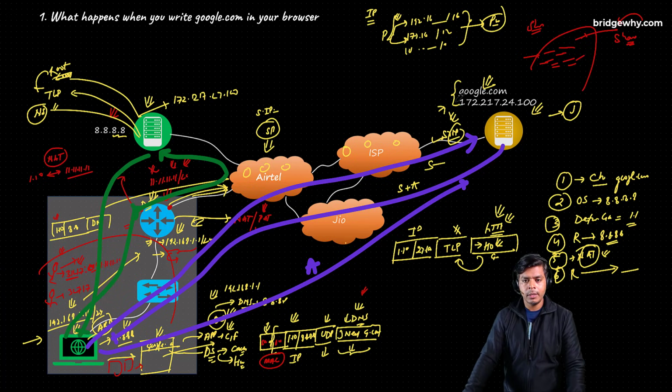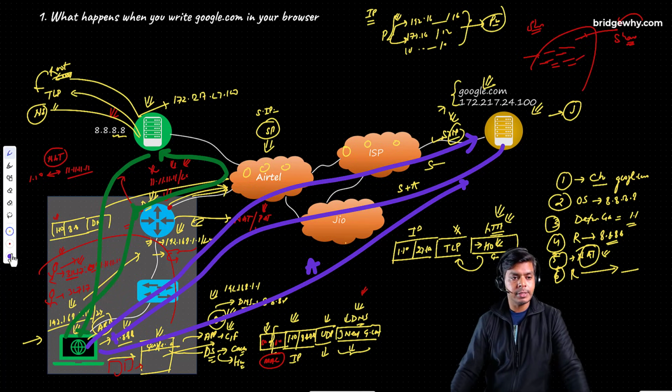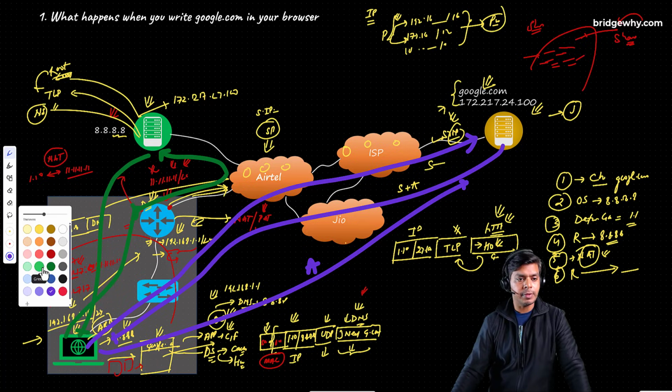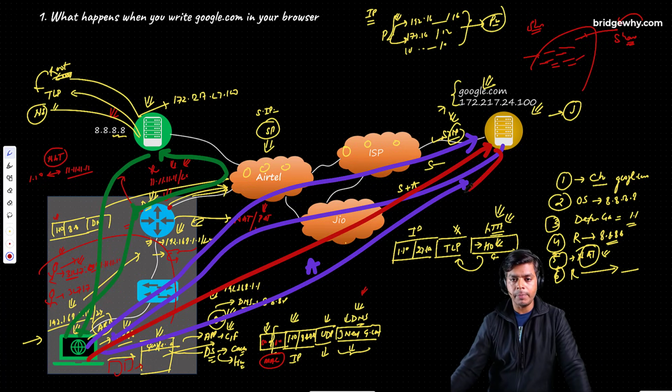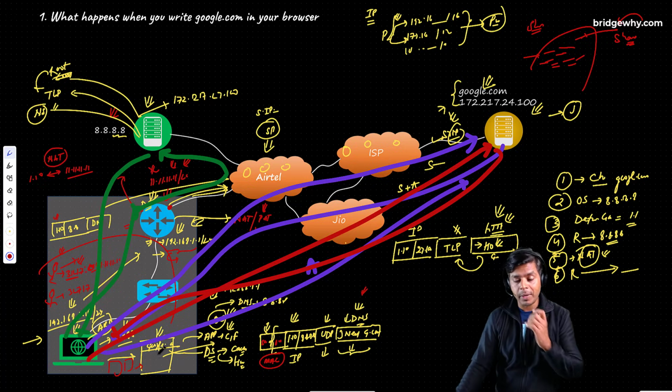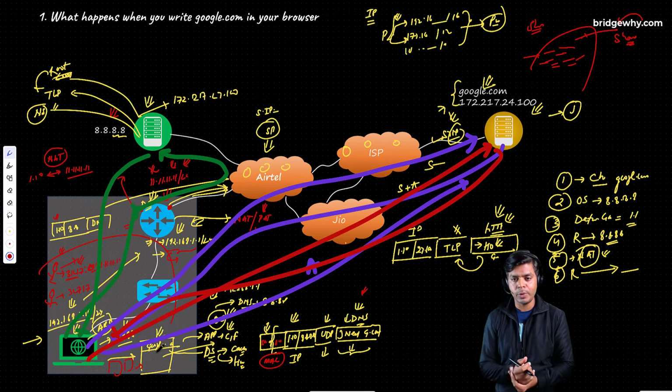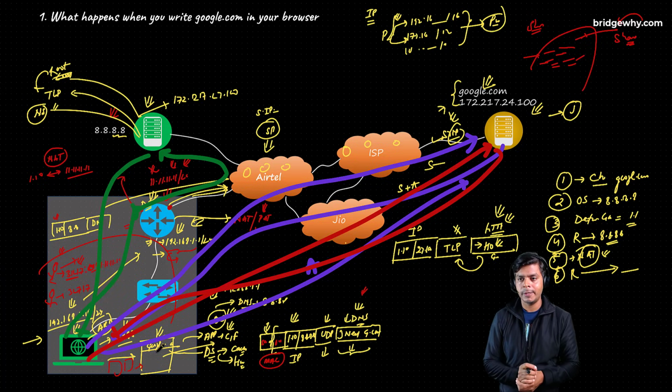Then this simple GET request will be received by your Google server, and it will reply back over the internet. That is how your browser will show you that beautiful page of Google search.